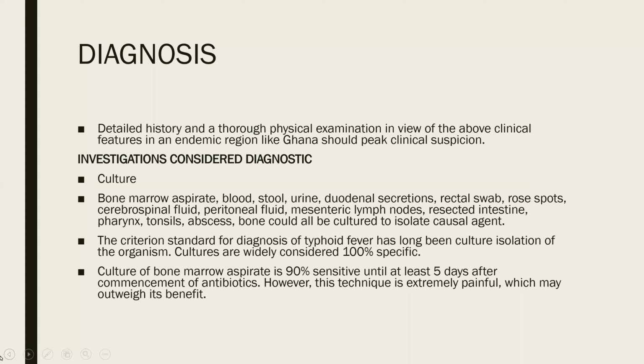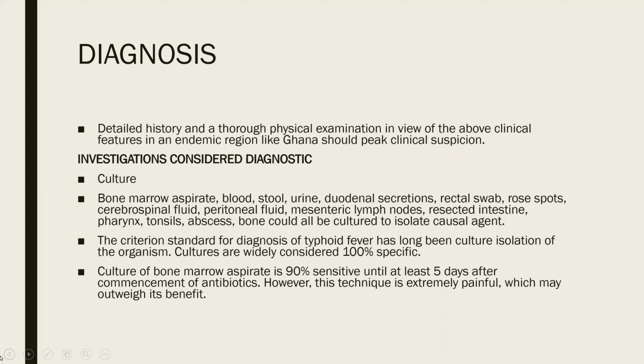The blood, for which you would need to do serial blood cultures, at least 3 times or more, has a sensitivity of about 73 or so percent, which also helps in the diagnosis, but it's known to be more effective in the first week of the illness. So depending on when the onset of symptoms was and what you are going to request, that is what is likely to isolate the organism.